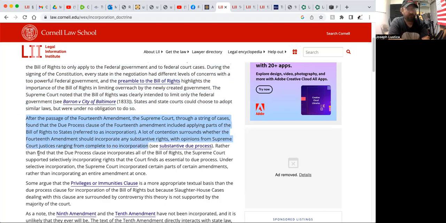Rather than find that the due process clause incorporates all of the Bill of Rights, the Supreme Court supported selectively incorporating rights that the court finds as essential to due process. Under selective incorporation, the Supreme Court incorporated certain parts of certain amendments rather than incorporating an entire amendment at once.